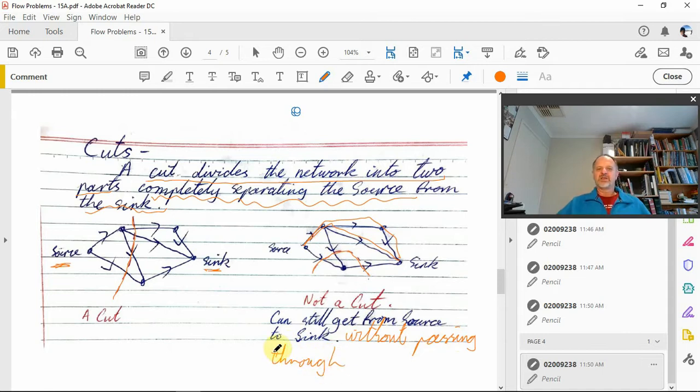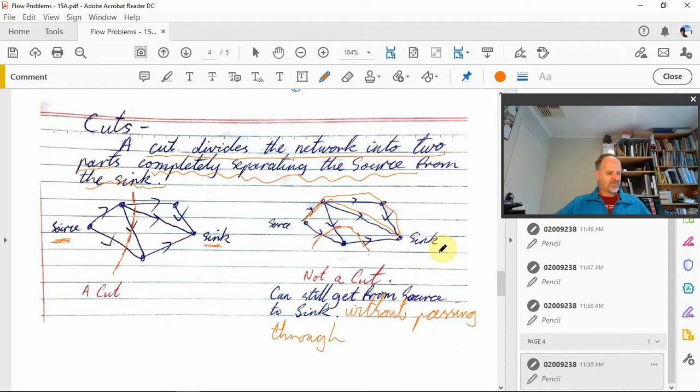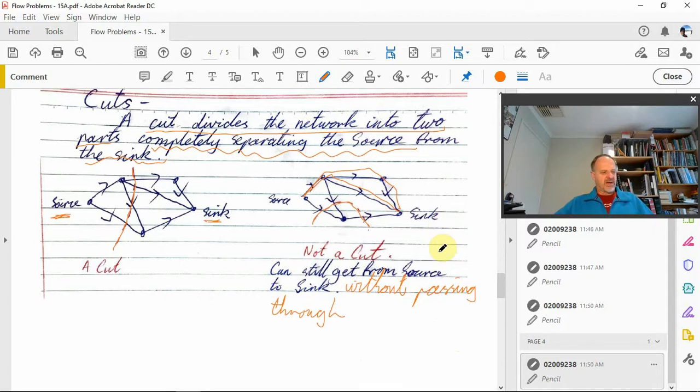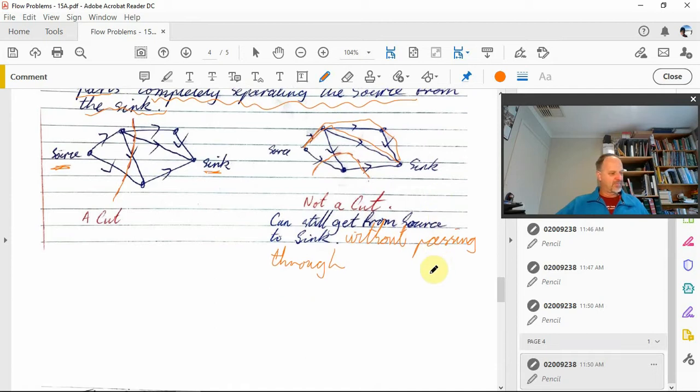All right, so it's not a cut because we can still get from the source to the sink without passing through. Now, cuts are quite handy because cuts help us work out the flow.